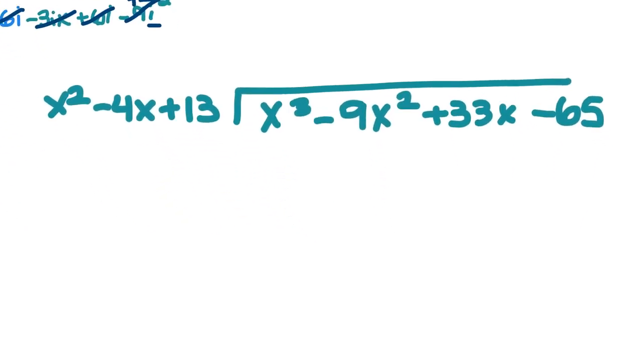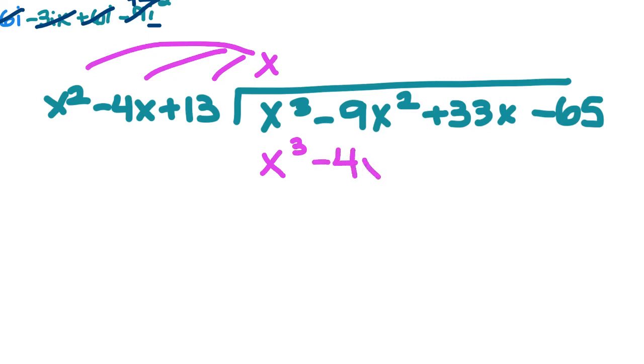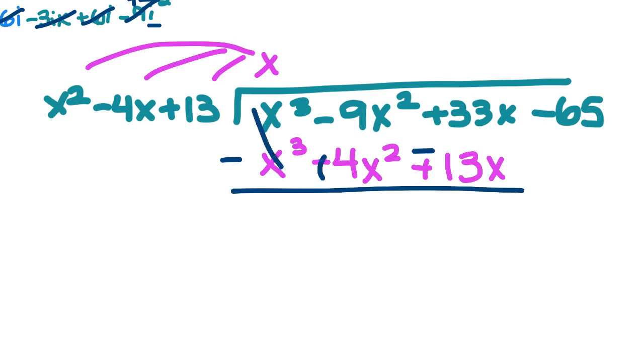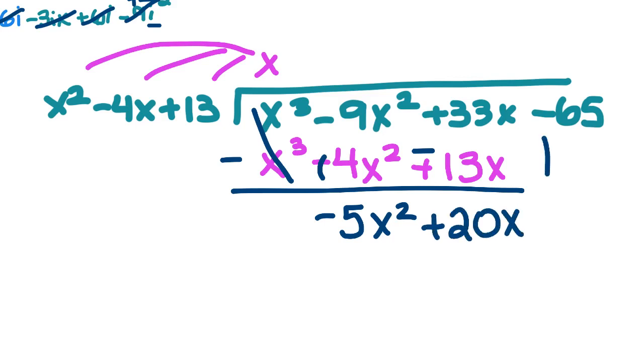I'd have to multiply x squared by x to get to x to the third. I'm going to multiply it times all three terms on the outside. I get x to the third minus 4x squared plus 13x. Change your signs. This cancels. This is negative 5x squared. This is positive 20x. And I bring down the negative 65.